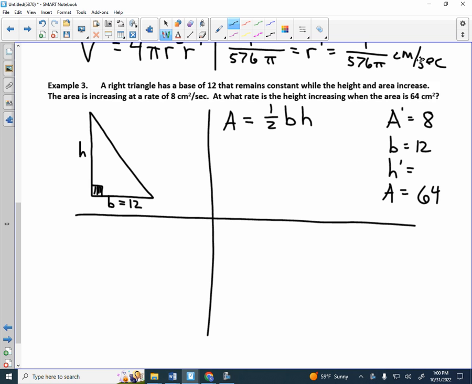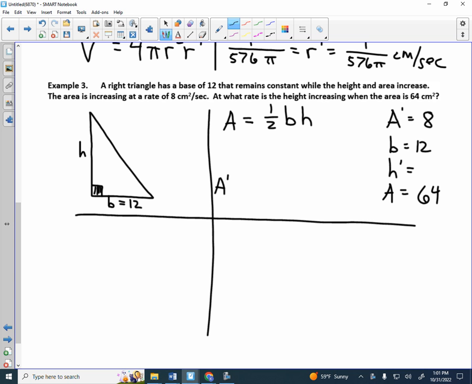Now, hold on. This is the most important part of this problem that you recognize. If I were to take this derivative right now, what rule would you have to use? The product rule, right? Because you have two different things. Now, just hold on there because we're not going to take the product rule. But suppose we did.